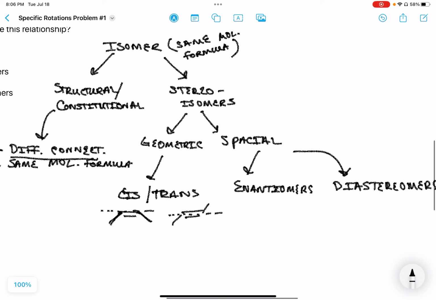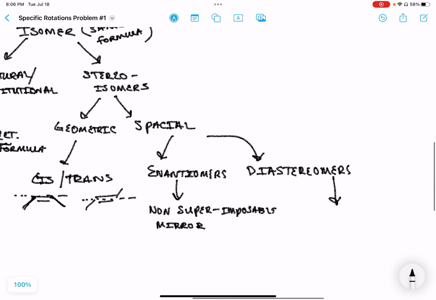Enantiomers are non-superimposable mirror images of one another. For diastereomers, the di refers to multiple stereocenters. Enantiomers don't necessarily have to have multiple stereocenters; they just have to be non-superimposable mirror images.